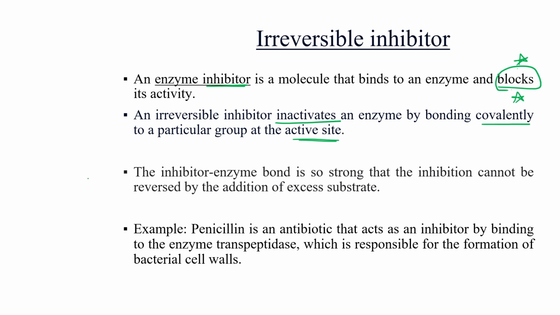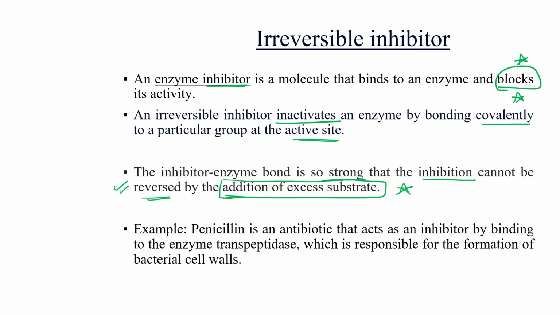So the inhibitor-enzyme bond is so strong that the inhibition cannot be reversed by adding excess substrate, which we can do in the case of a competitive inhibitor or non-competitive inhibitor. In the case of an irreversible inhibitor, we cannot reverse the reaction even if we increase the substrate. That inhibitor cannot be released from the active site. The bonding is so strong, covalent. They bond to a particular location.